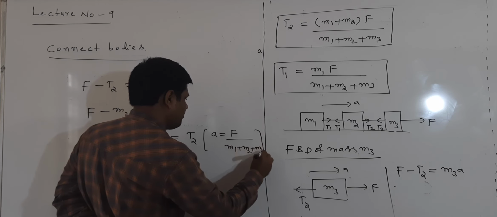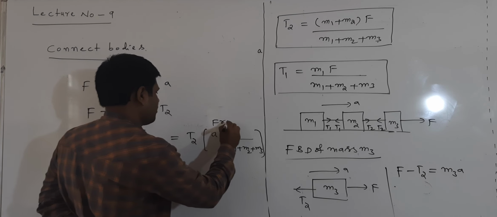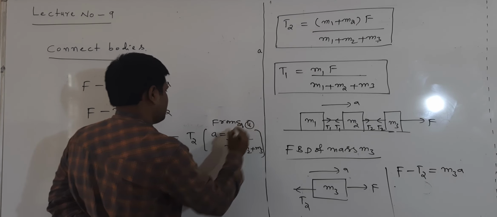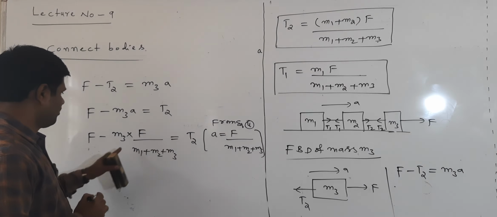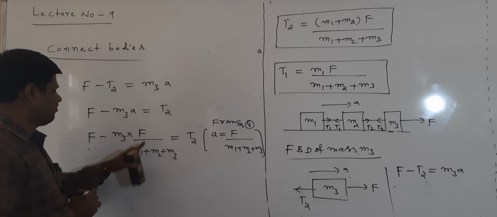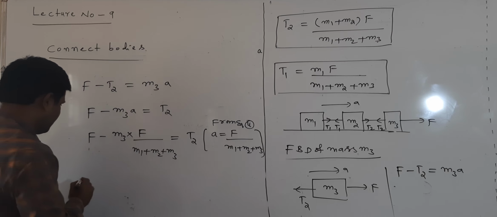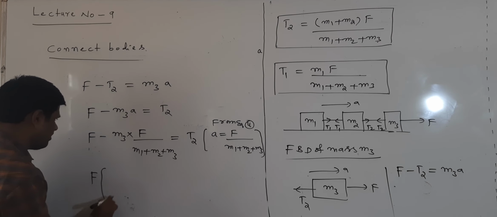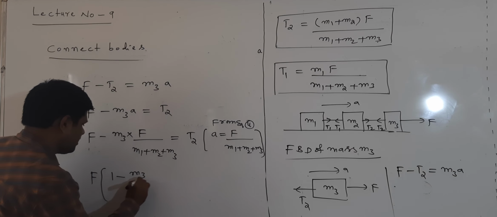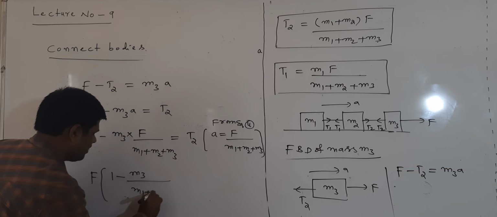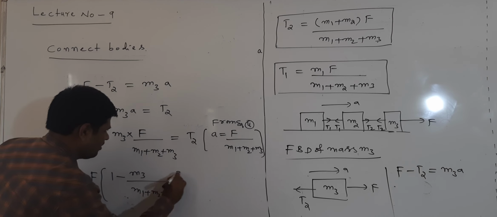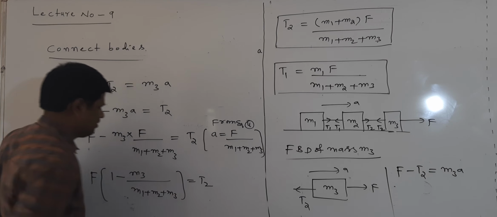So M3 F by (M1 plus M2 plus M3) is subtracted from F to give T2. Now in this, take F common, and the remaining is 1 minus M3 by (M1 plus M2 plus M3) is equal to T2.